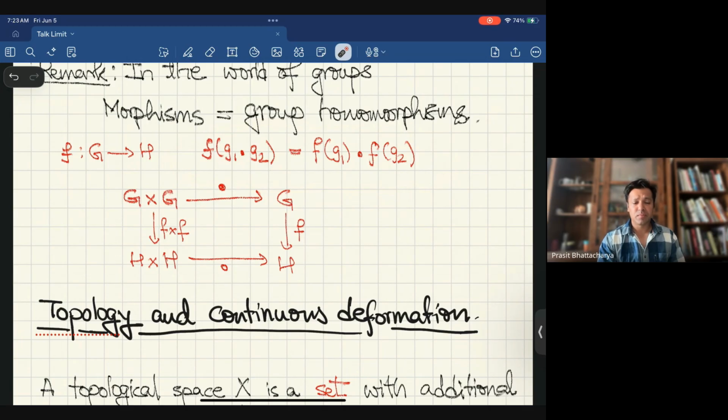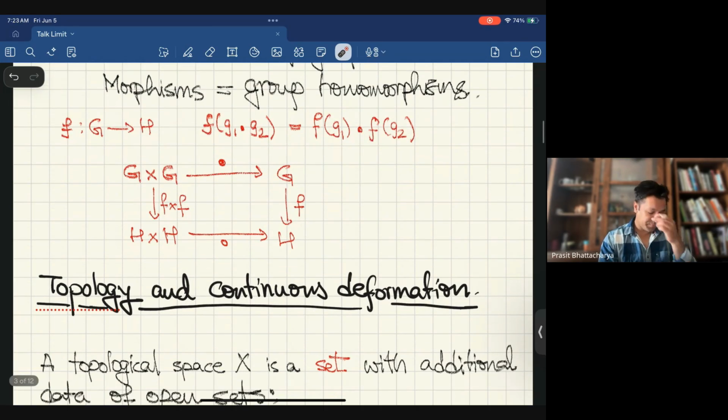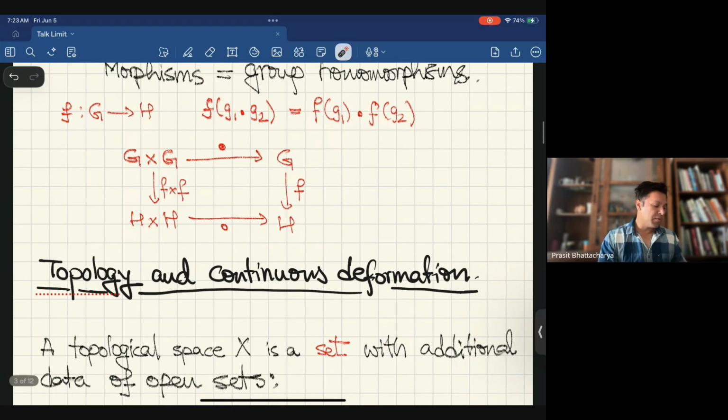Okay. So this is some basic object in group, and we are going to talk about how it influences or how it is perceived in topology. So let me introduce what we mean by topological space.